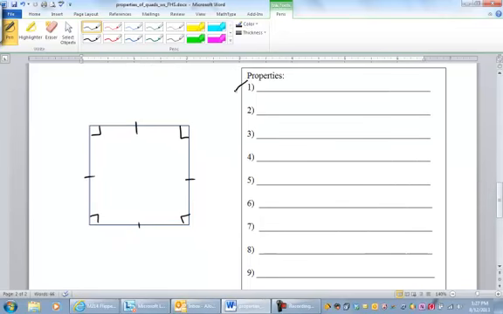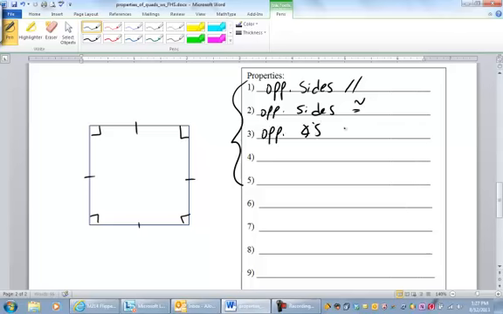So just like we did earlier, the first 5 properties are the 5 properties of all parallelograms. And we should be able to write all 5 of them in our sleep by the time we're done with this worksheet. Opposite sides parallel. Opposite sides congruent. Opposite angles congruent.